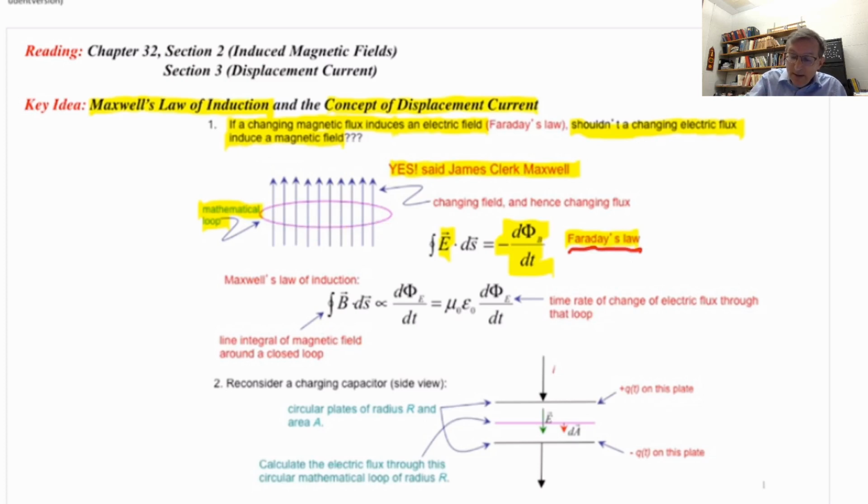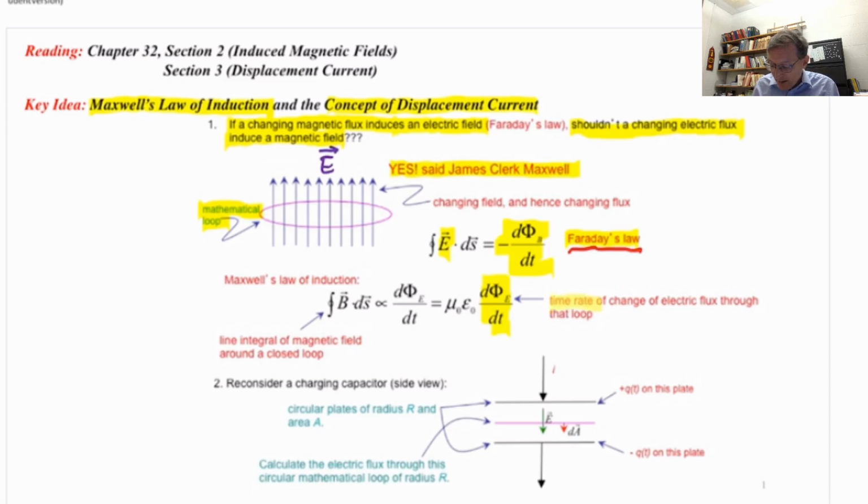Now you still have that mathematical loop. Think of it as a circular loop. Now the field that's piercing the interior of the loop is an electric field, so that we're talking about electric flux through the loop. And what if that electric flux is changing with time at a rate d phi sub E dt, right?